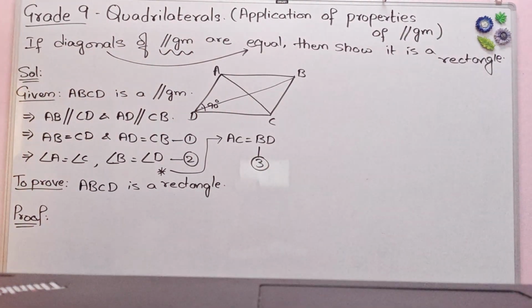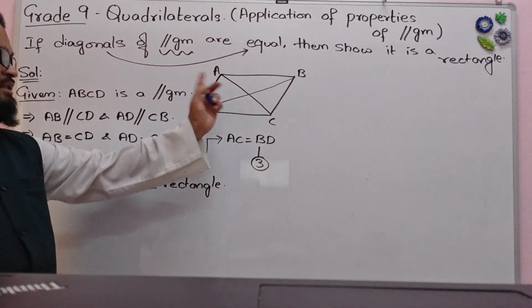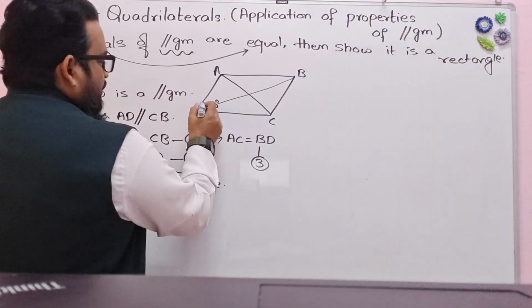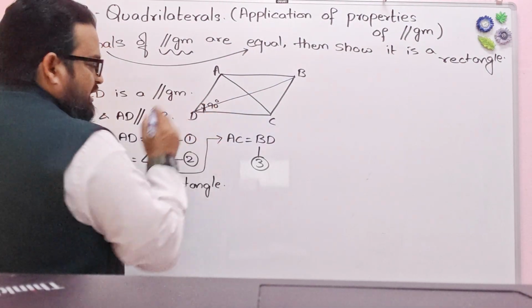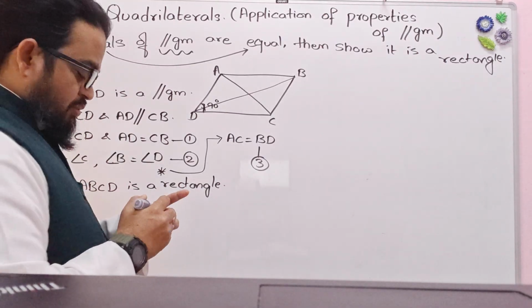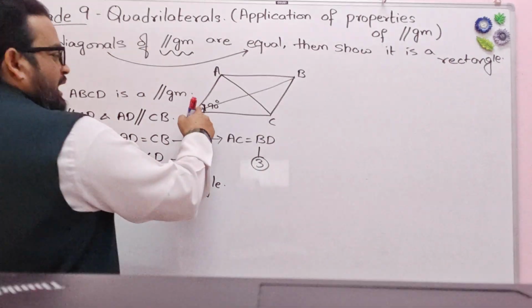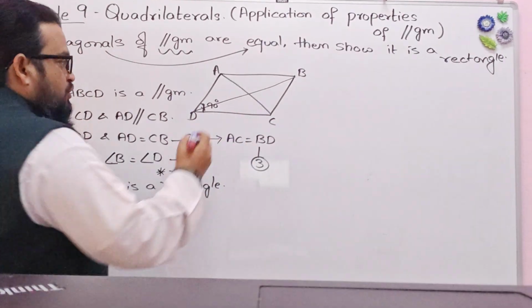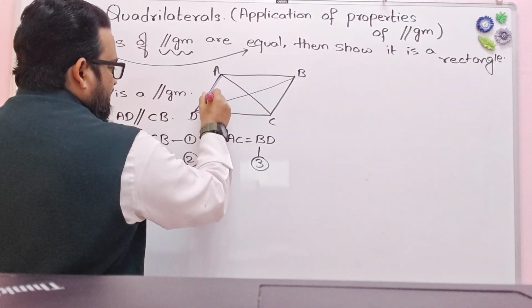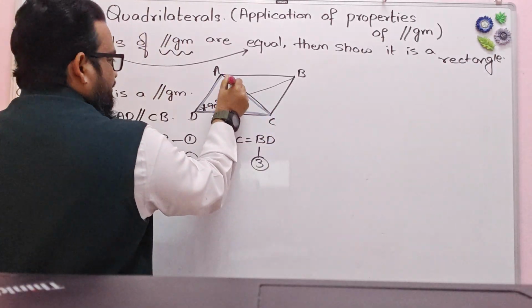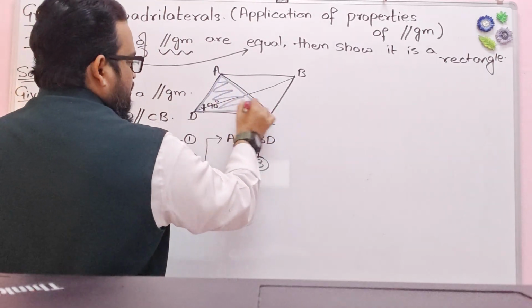Okay. Now since AC is equal to BD, what you have to prove? You have to prove the angle between adjacent sides is 90 degrees. So let me take these two triangles where adjacent angles are included. So shall I take this triangle which is blue in color? Are you able to see this?